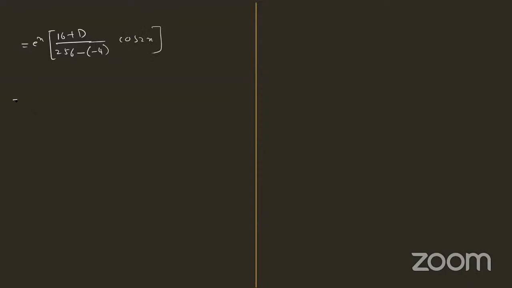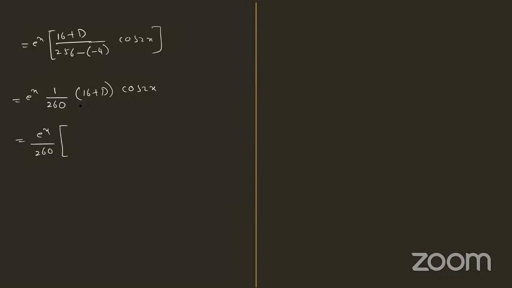So this is equal to e power x into, see how much it is. When you add these two, it is 1 divided by 260. Look at it. 260, and what remains? 16 plus d. This you are operating on cos 2x. So this is equal to e power x divided by 260.